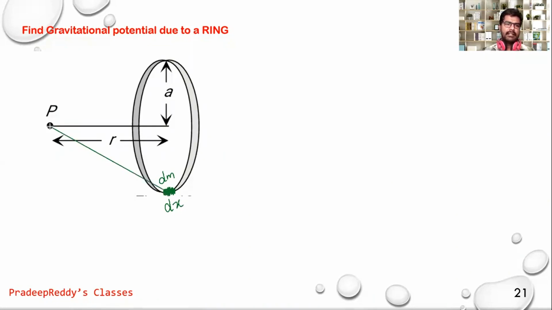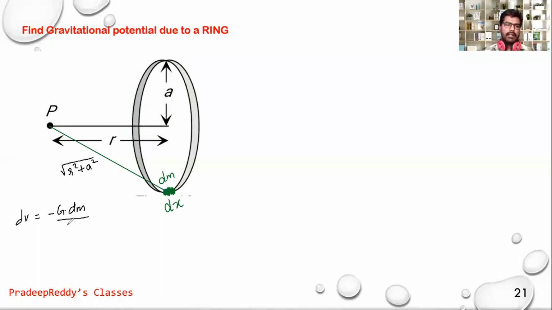I'll first calculate it using the relation dV is equal to minus capital G dm divided by the separation from this dm element to point P, which is under root r square plus a square, where a is the radius of the ring and r is the separation from the center of the ring to the point where you are calculating gravitational potential.